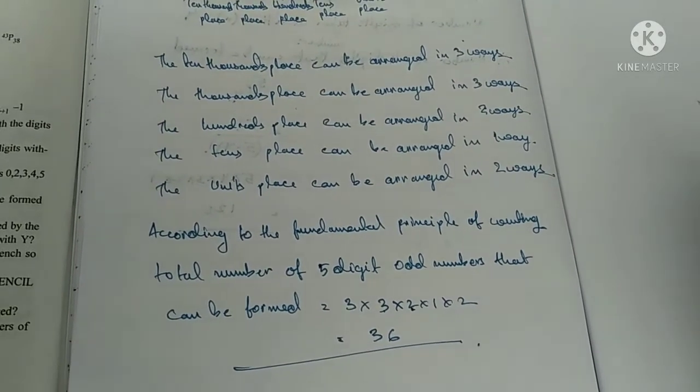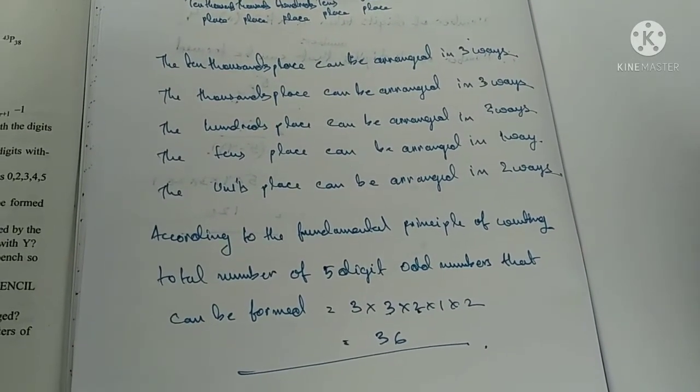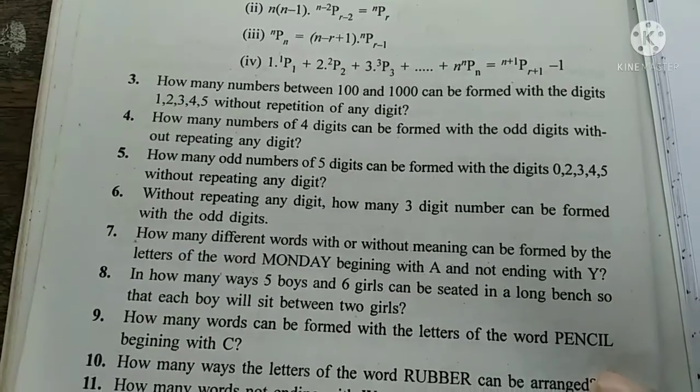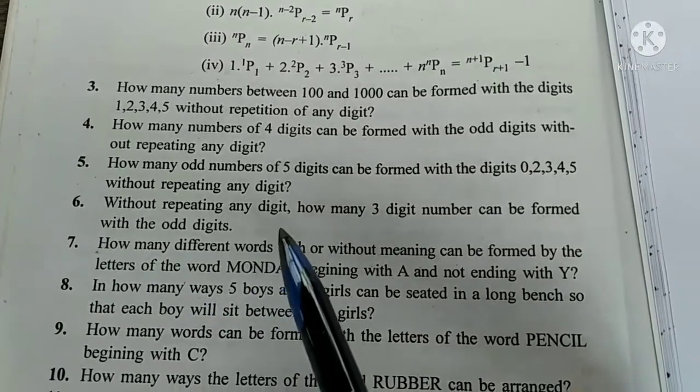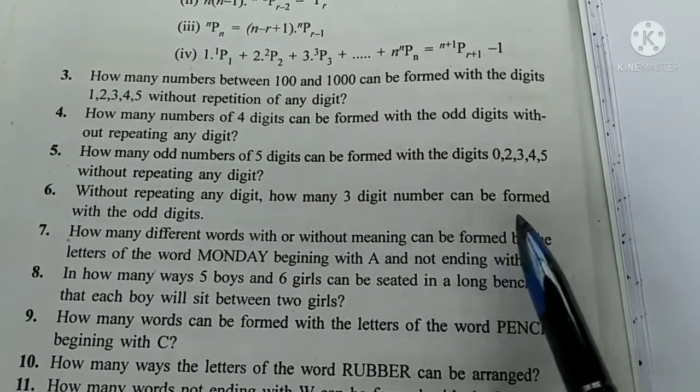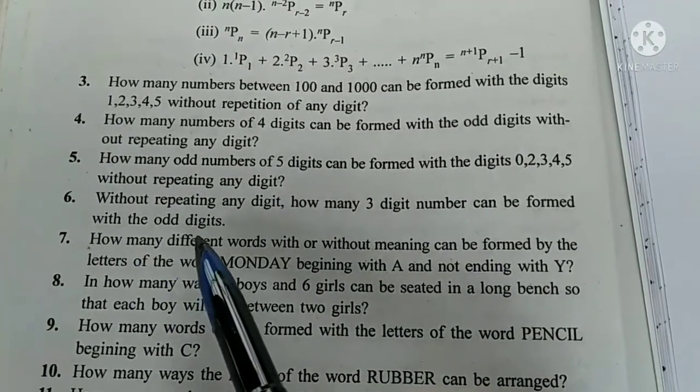Okay, so next I will go to question number 6. Without repeating any digit, how many 3-digit numbers can be formed with the odd digits?